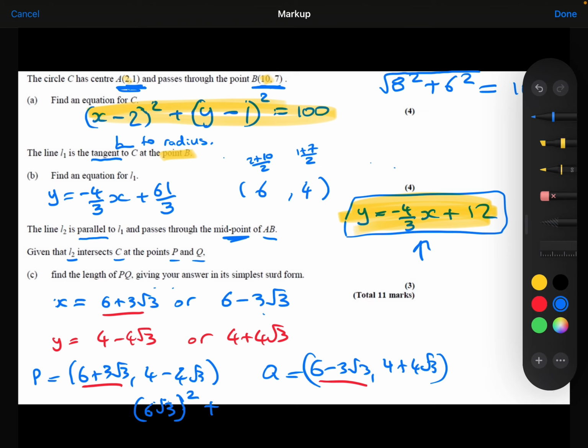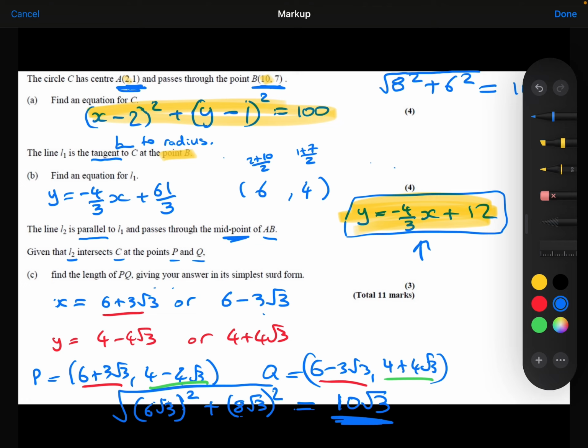Then taking the y coordinates away, we will get 8 root 3, which again will square. And when we square root that, we will get the answer 10 root 3, which is the distance between those 2 points P and Q.